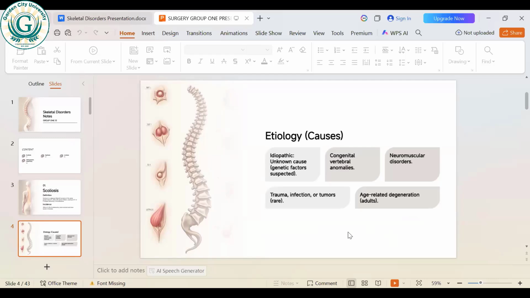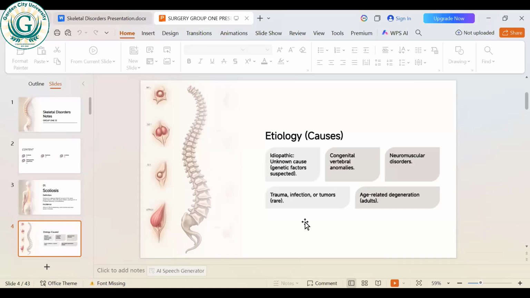Then we have congenital: a child can be born with that kind of spine, either an S or a C shape. Then neuromuscular disorders, like multiple sclerosis, can predispose a person to getting scoliosis. Trauma, like an injury, infection or tumors in the spine, can also cause scoliosis.